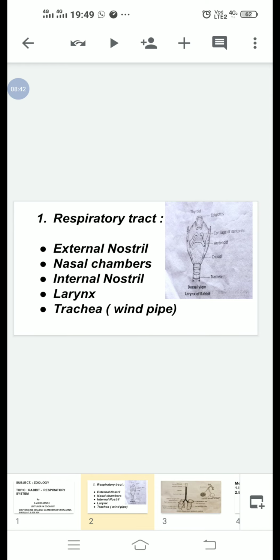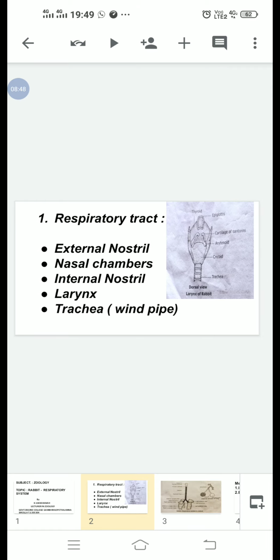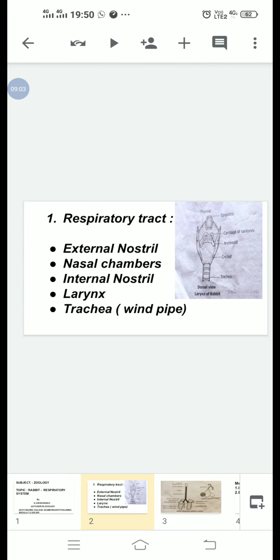Sound is produced due to their vibration. The larynx opens into trachea, or windpipe.